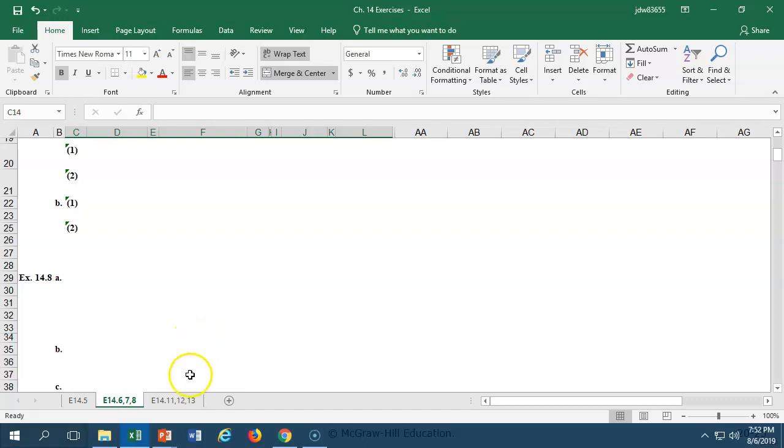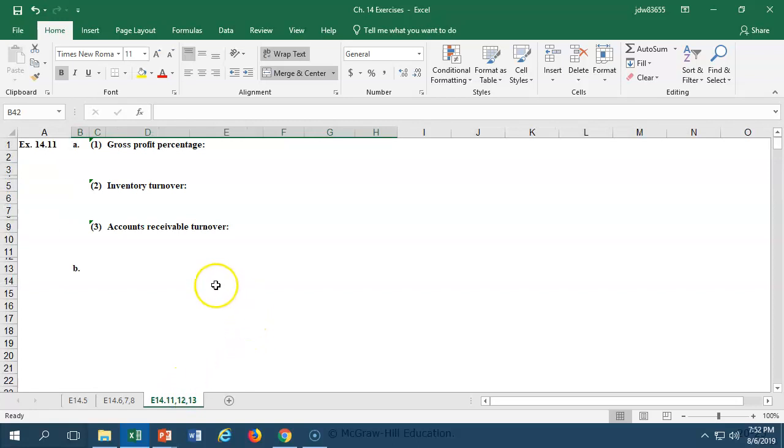We're going to go to... we need to go to exercise 14.11.